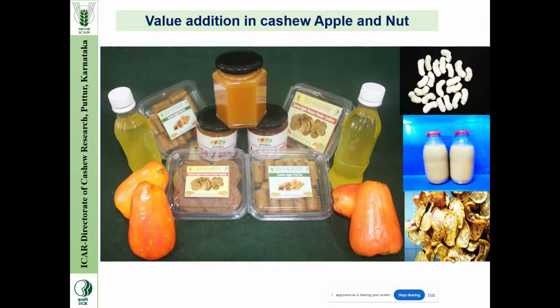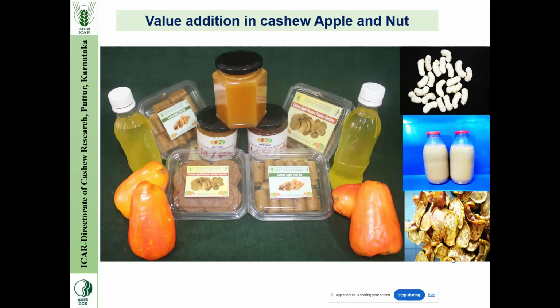As I have already mentioned, cashew nut kernel is the most economic part of the crop, which is giving a good return out of it. But even the cashew apple, being rich in most of the phytochemicals and vitamin C, and even after extraction of juice, whatever the leftover rind is there, we call this a pomace, it is also rich in dietary fiber.